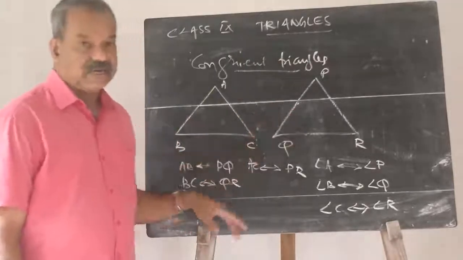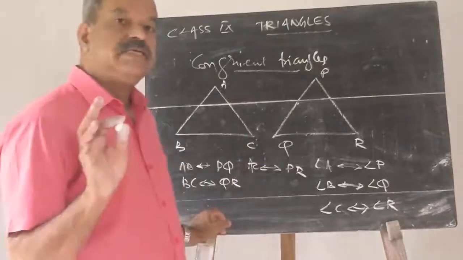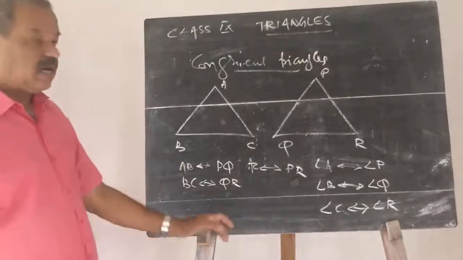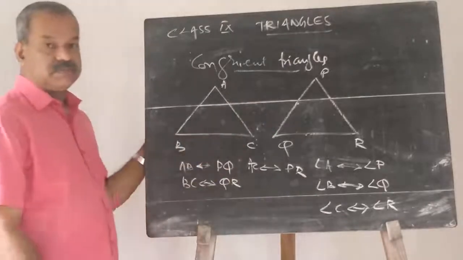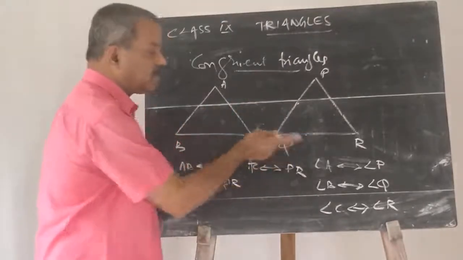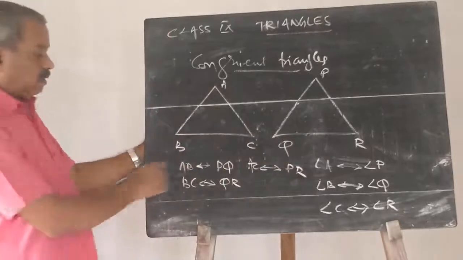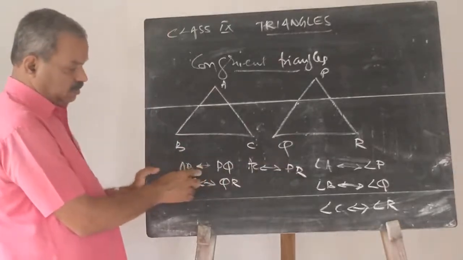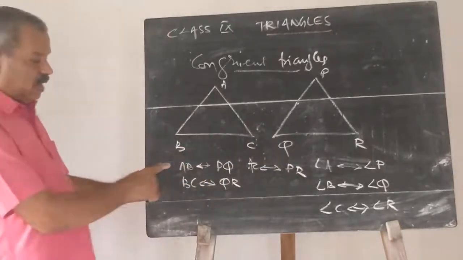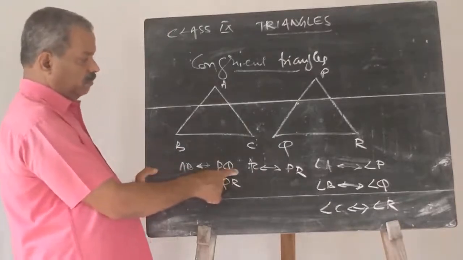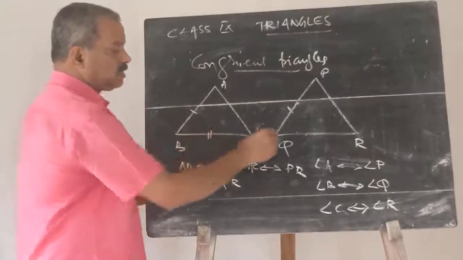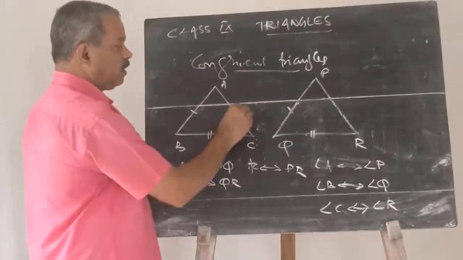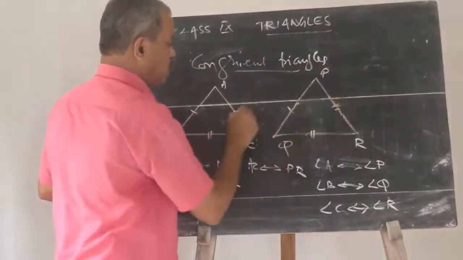Between these two triangles we can establish six relationships between the sides and between the angles. AB corresponds to PQ, BC corresponds to QR, AC corresponds to PR.